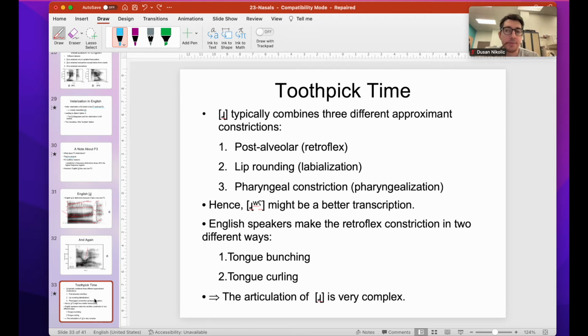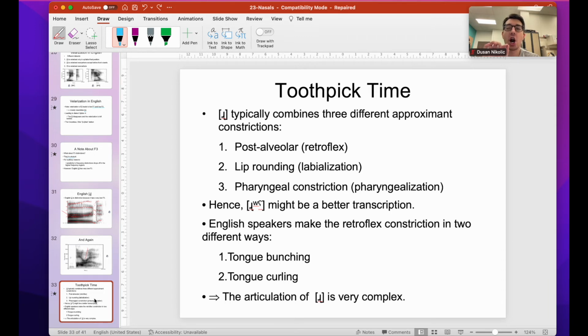And this means that there are two ways of producing the retroflex R. How you can determine whether you're producing the retroflex R in one or the other way is by creating a toothpick experiment. This time it's a straw experiment, and what you can do is make R, and insert your straw into the mouth.